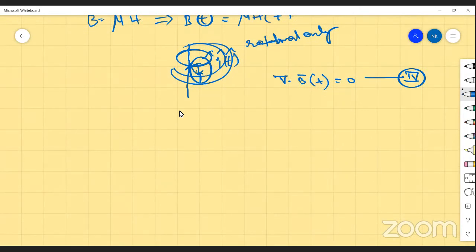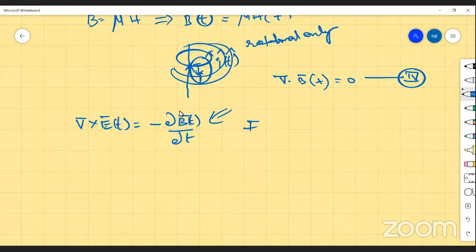Now the second Maxwell's equation. Del cross E bar of t is equal to minus dou B bar by dou t. So it's a function of time. What is the basis for this extra term?